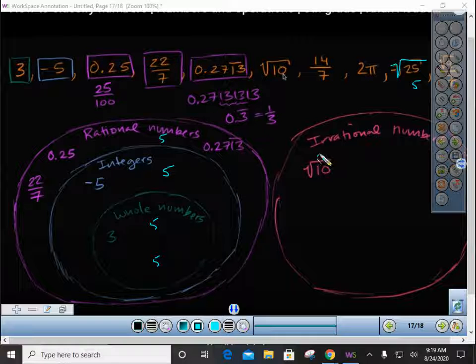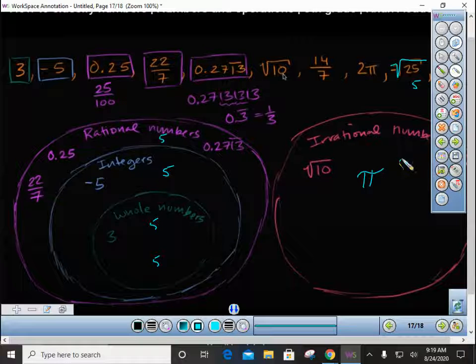There is one that we deal with. You're really scared of it, because it's really long. Pi. Pi is our irrational number that we deal with. Okay? Everybody cool?